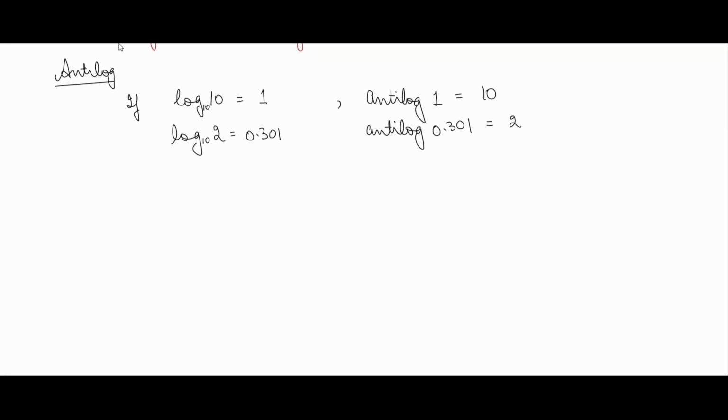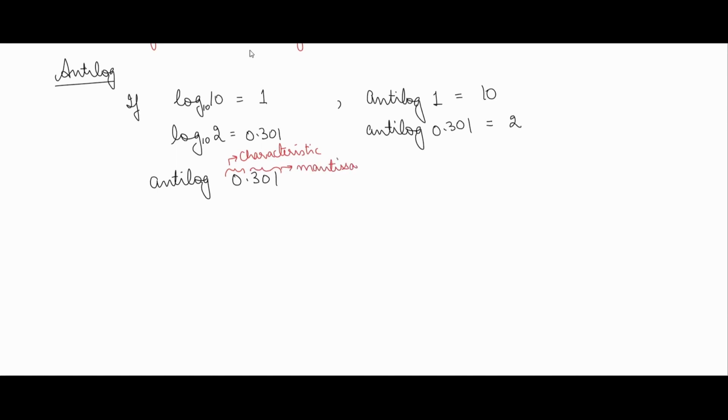That means if we are given the answer and we need to calculate the value, how do we go about it? How do we actually check this? Let us say I want to calculate anti-log of 0.301. In the last class we discussed that this part is called the characteristic, and this part is called the mantissa.